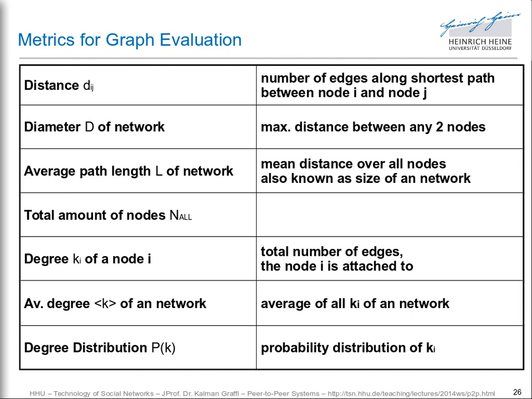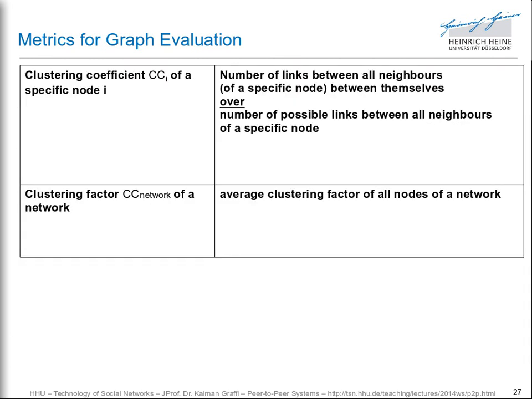And we have, this is probably new, the degree distribution Pk. This is the probability distribution of Ki. And this is new, I think.